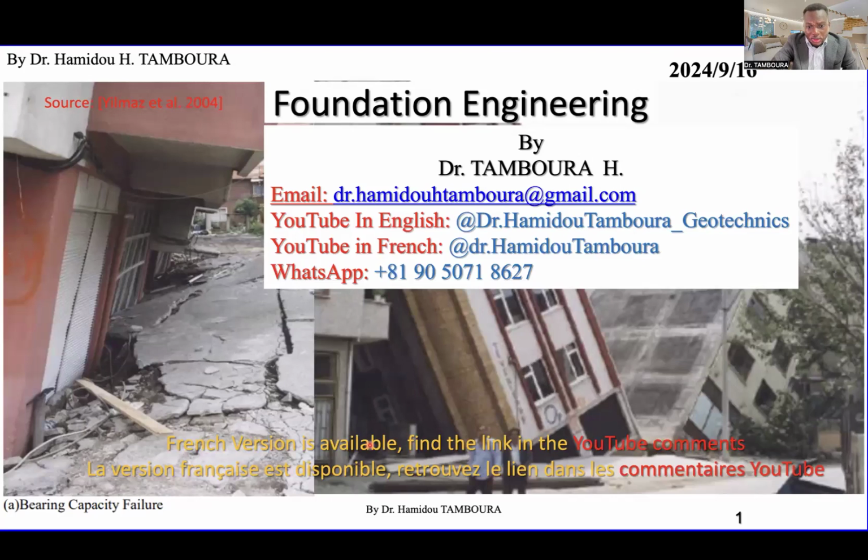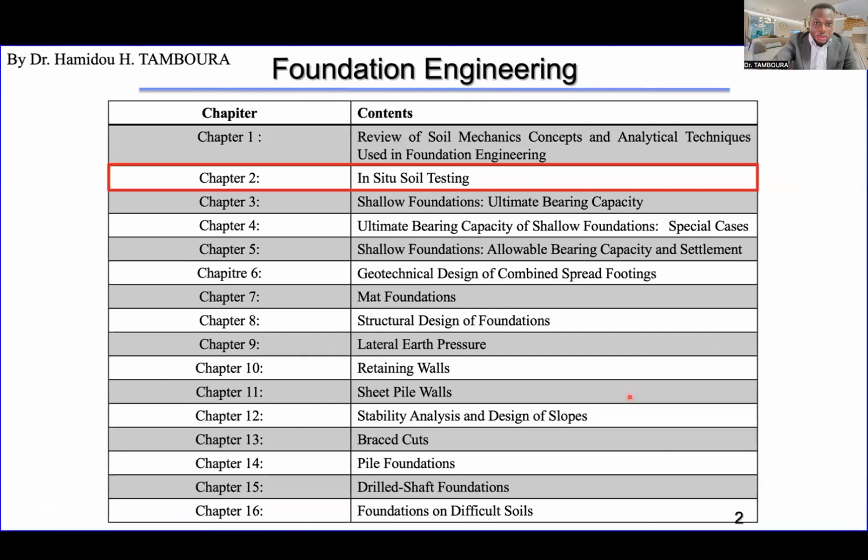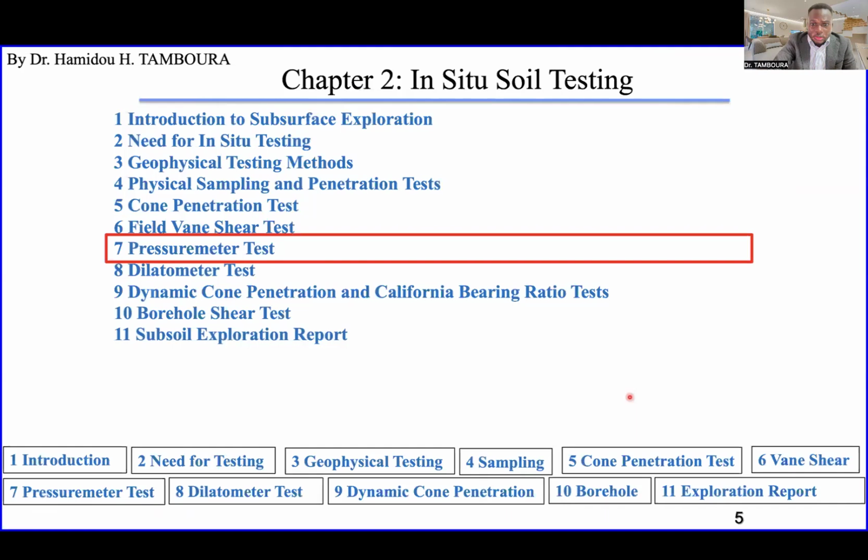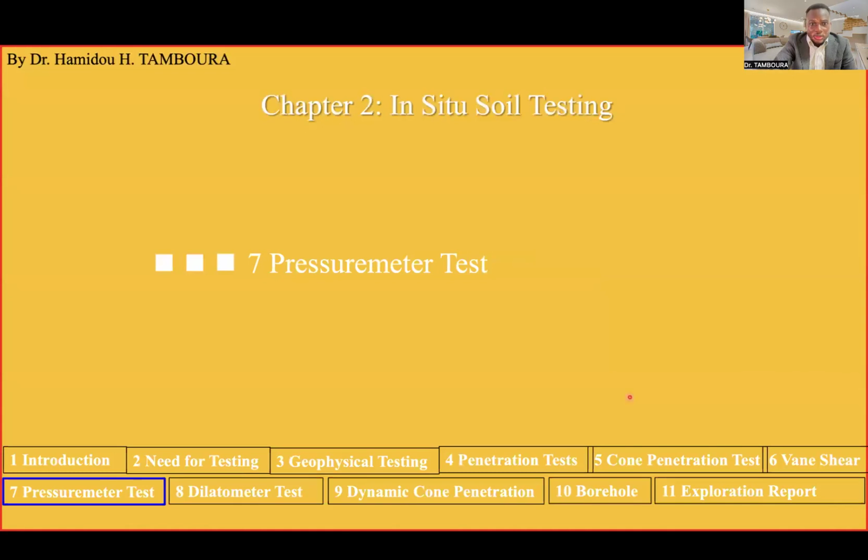Let's go for another type of testing, soil in situ. We are still on chapter number 2. This time we are going for the pressuremeter test, which is 7 point this chapter.